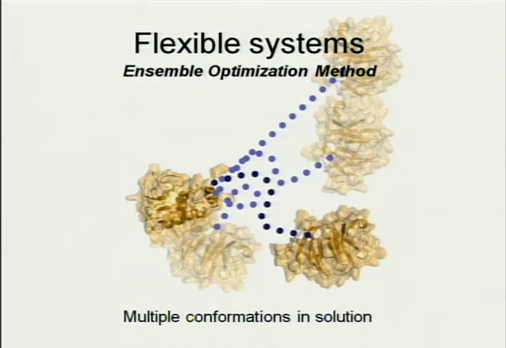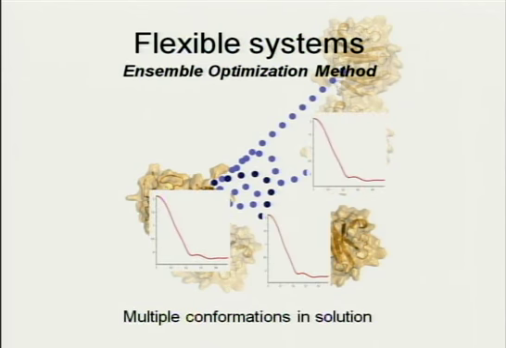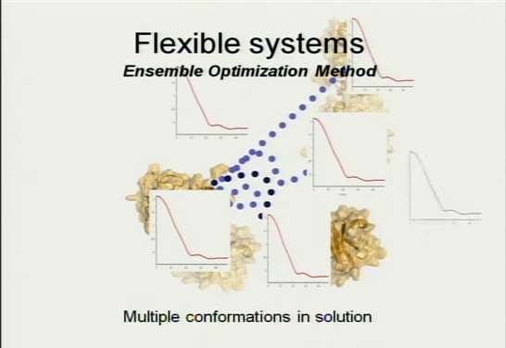And the way of doing that is called the ensemble optimization method. The idea of the method is that we generate multiple conformations. Typically, it's something like 10,000 conformations. So there is a program where you can feed the input data, like in this case, domain 1, domain 2, the overall sequence, and the program will generate 10, 20,000 random models that would still make sense, but they would be random.